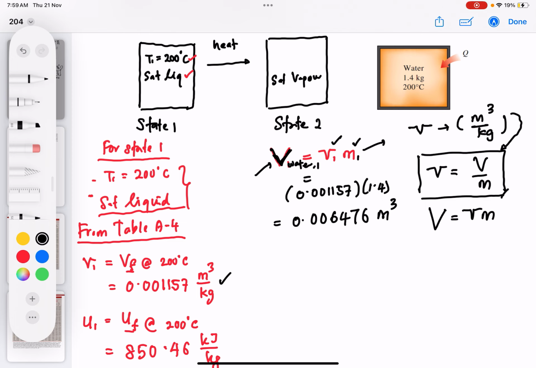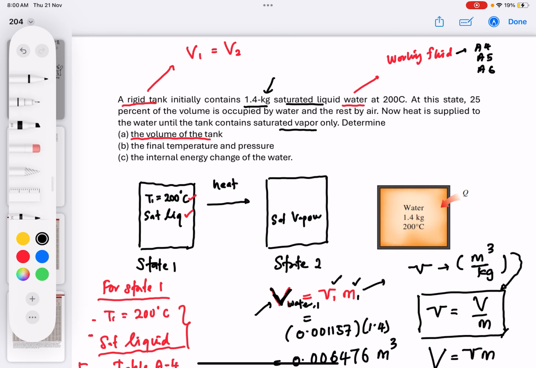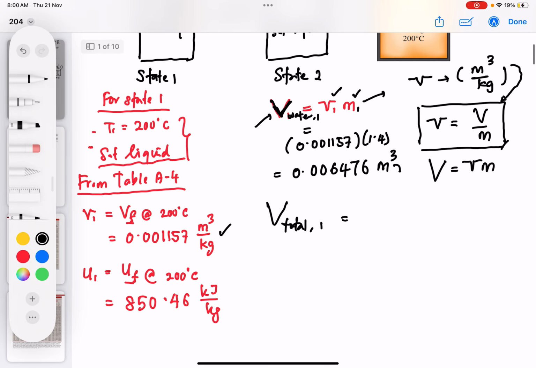And then if I would like to calculate the total volume for state 1, it does mention that at this state 25% of the volume is occupied by water, meaning that this one is actually only 25%.